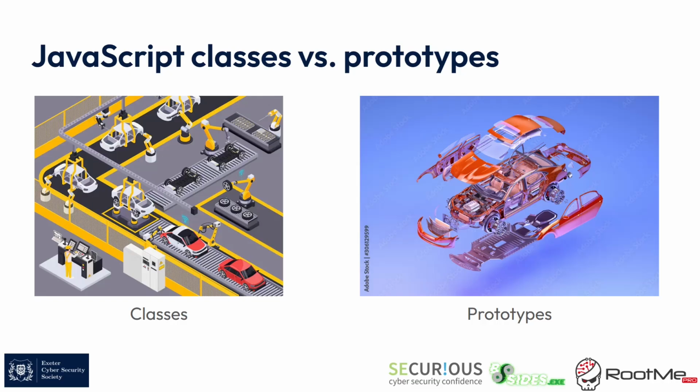Prototypes are slightly different. In this case, it would be more like you start with a model or a chassis of a car, but all of the different pieces that you add onto it, like the wheels, the dash, the windows, and the tires, are all completely different and customized by you. So you can use prototypes to dynamically change the properties of your object.